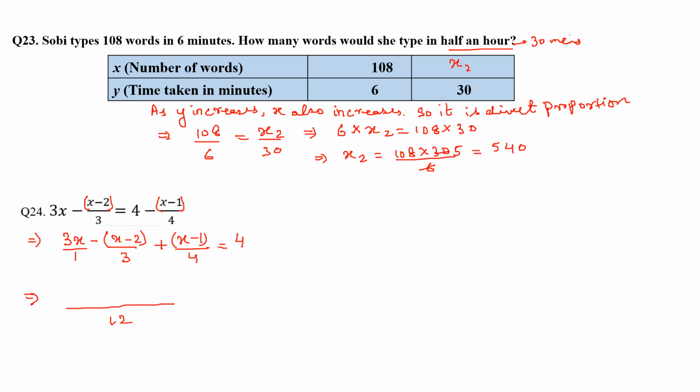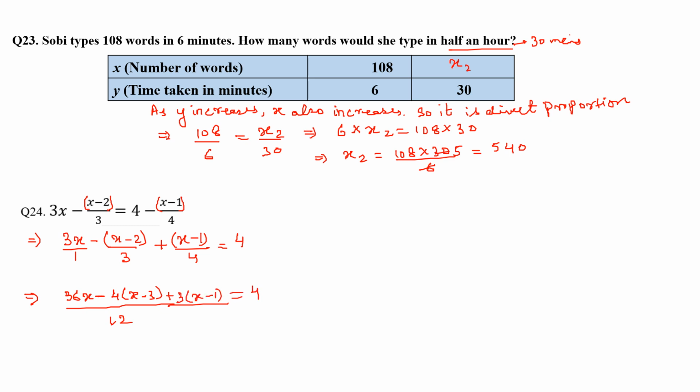When 1 is multiplied by 12, in the numerator also multiply by 12. So 3 into 12 is 36x minus. Now in 3 you have to multiply 4 to get 12, so in the numerator also multiply 4, plus. Now here in 4 you have to multiply 3.